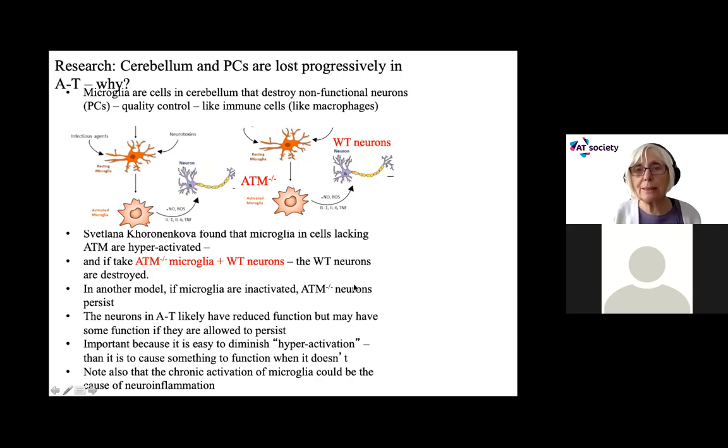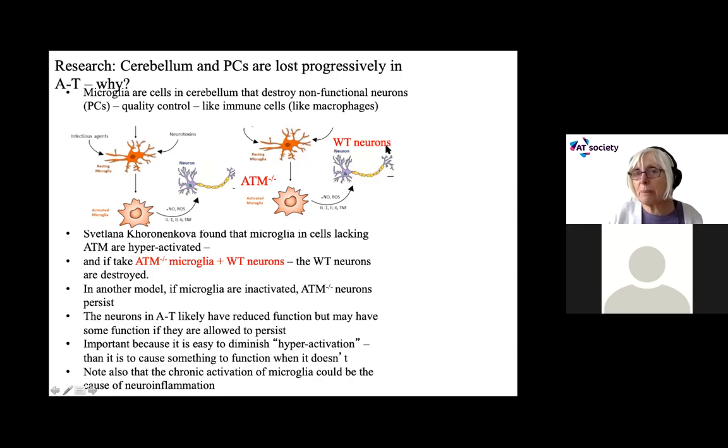So in other words, it's suggesting that because these are hyperactive, they're destroying some good neurons. So in AT, certainly the neurons won't be completely functional. They have some abnormalities, but they may not be that bad. They may be able to do some function if it wasn't for the fact that they're being destroyed.